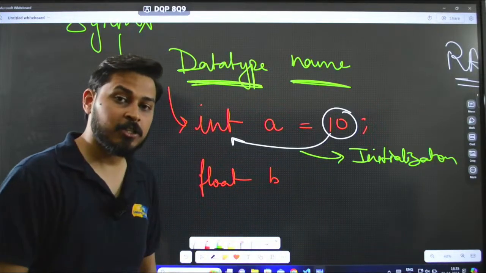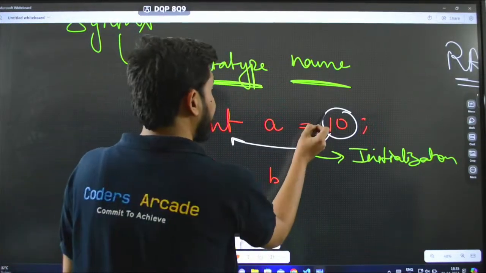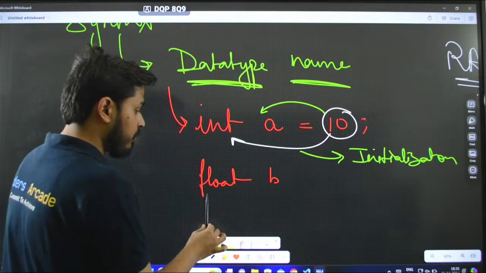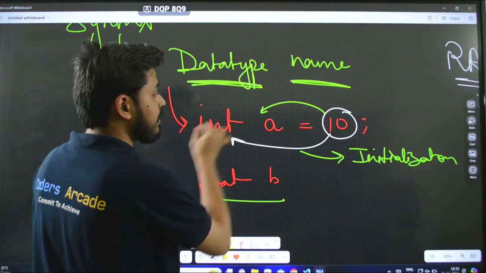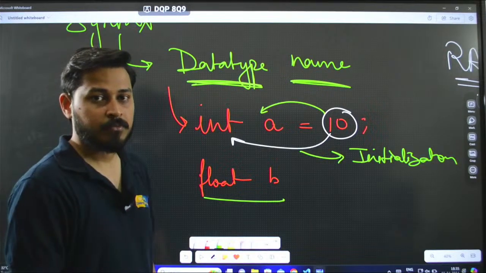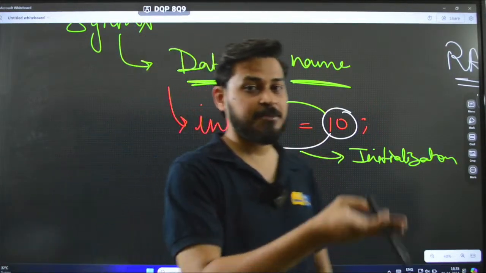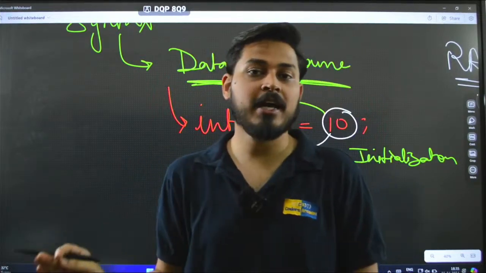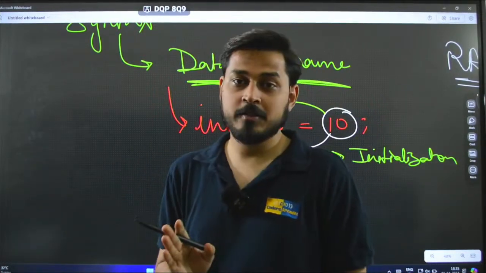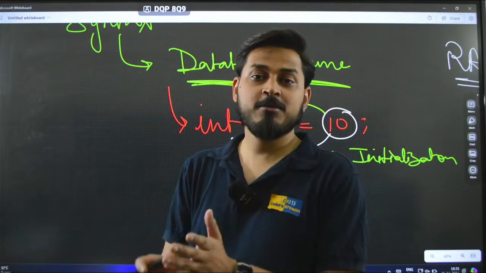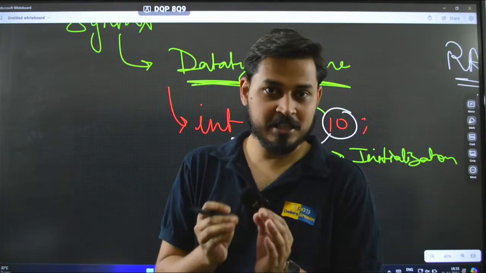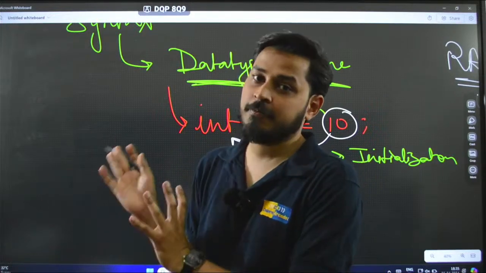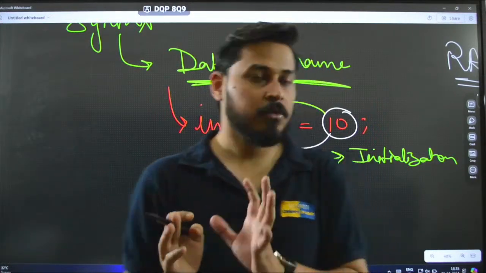Initialization happens when you put a value into that variable. So this is declaration, while this is initialization. This is the difference between a variable declaration and initialization. When a variable is just declared, and no value is given, it is just called declaration. But when the variable's value is also given at the same time, it is initialized. Understood this very well? Great.